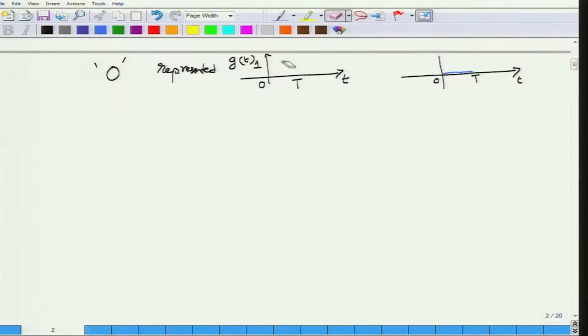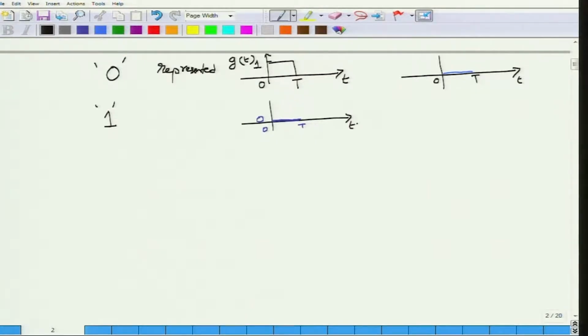So let us, for simplicity's sake, in this course, or at least until this module, call this rectangular pulse, having an amplitude of 1 for a duration of T seconds, as representing bit 0 or the symbol 0, and then this symbol 1 will be represented by transmitting nothing. Okay. So we will represent 1 by transmitting an amplitude 0 over the duration of the symbol.